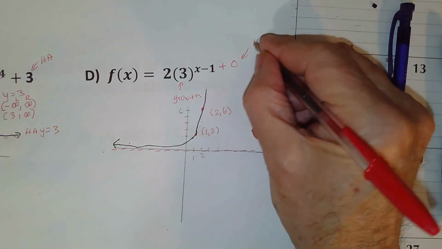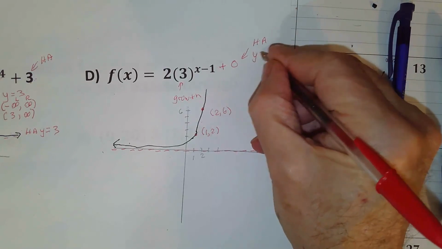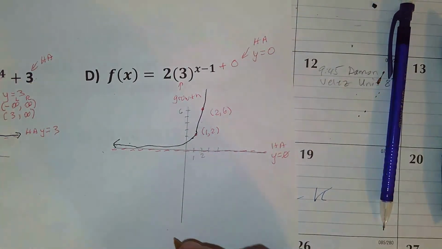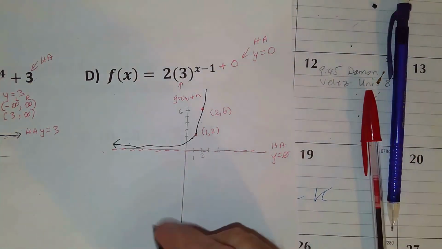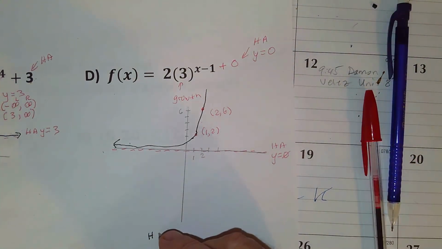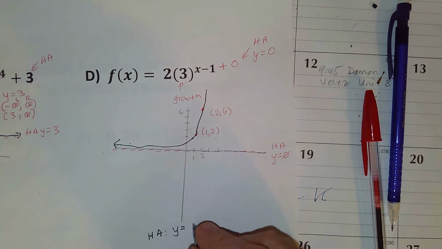You can say it up here again if you want. Horizontal asymptote, y equals 0. I'm gilding the lily, I know that. And I'm going to put it down here just for the formal answer. So the horizontal asymptote, y equals 0.